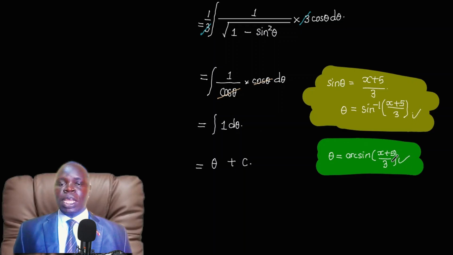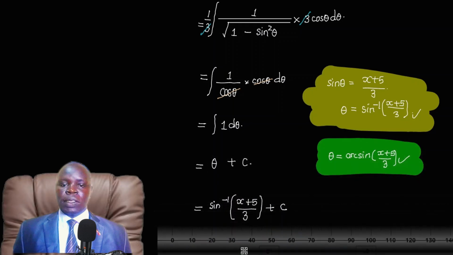Now feel free to take any of this version, they are all okay. And for me, I'm going with the first version up here. So finally, our theta is replaced with sine inverse of in bracket x plus 5 over 3, closing up this bracket, and we add our constant of integration, and this is exactly our solution of this question.